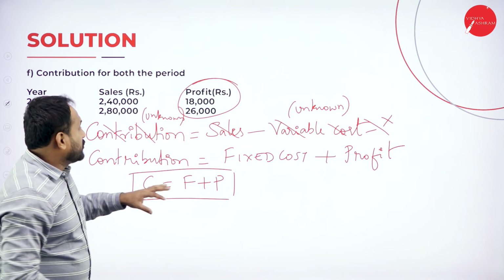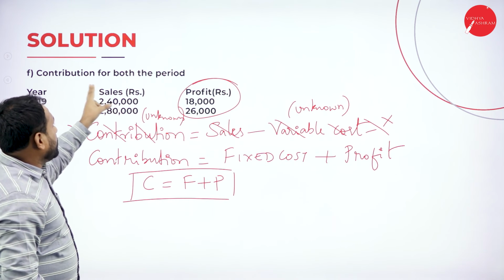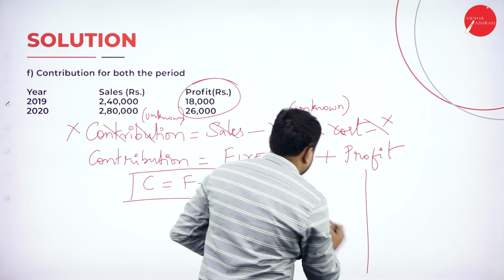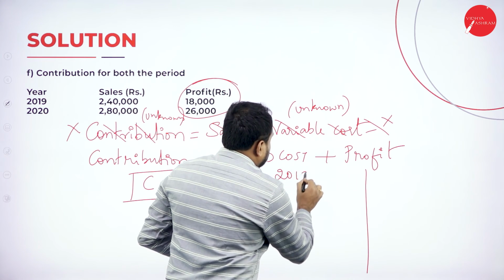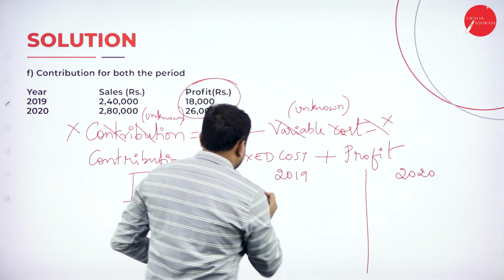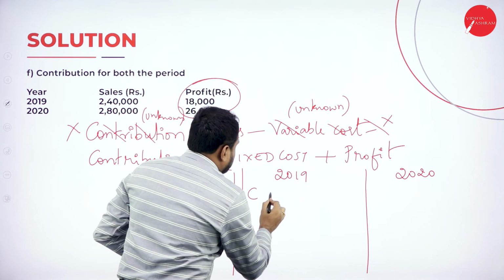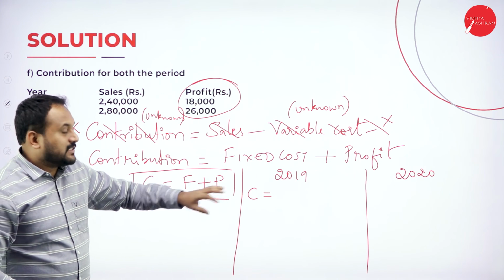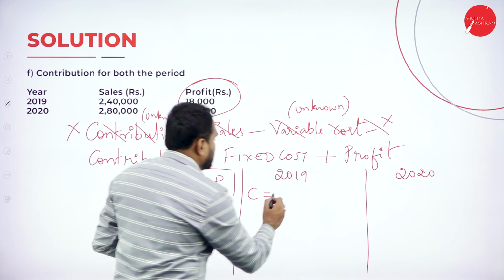Now let's go with the question: contribution for both the periods. That means contribution for 2019 and 2020. Contribution C is equal to F plus P. What is the 2019 fixed cost? It is the same, 30,000.